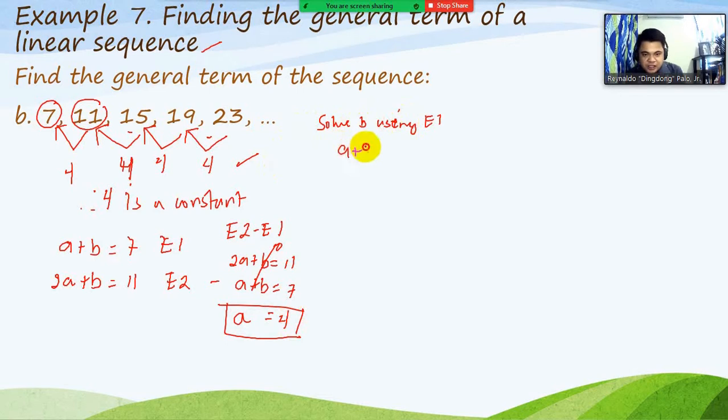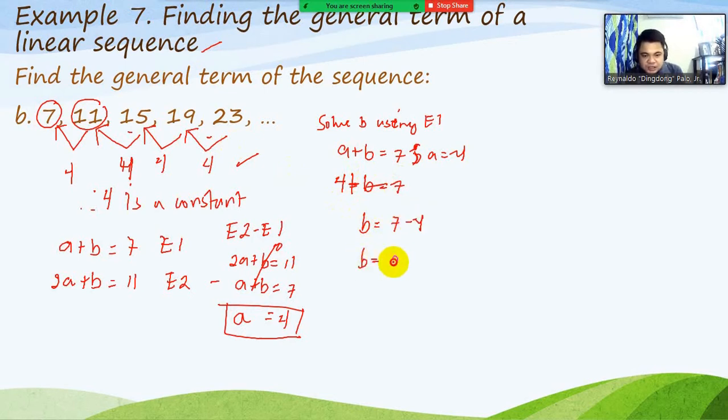Equation 1 is a plus b equals 7 and the value of a is 4. So substitute: 4 plus b equals 7. Therefore, b is equal to 7 minus 4.